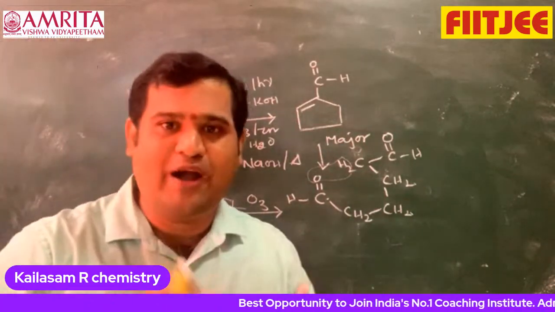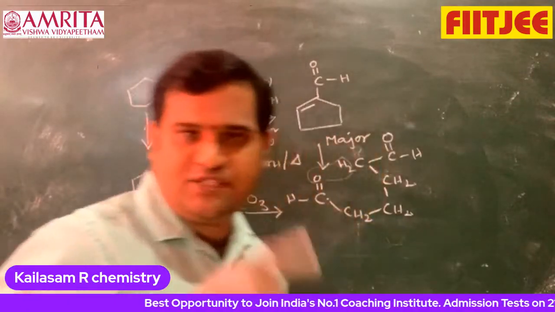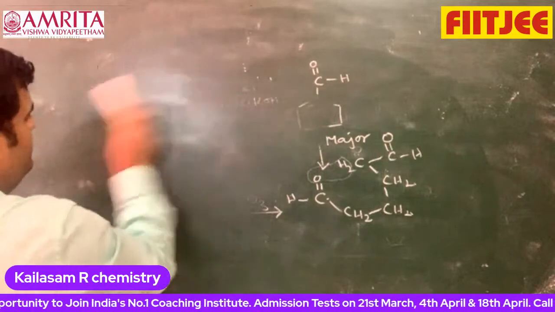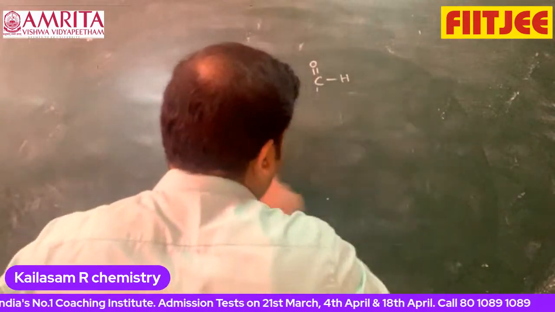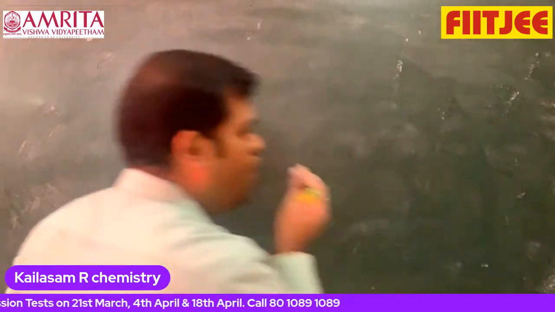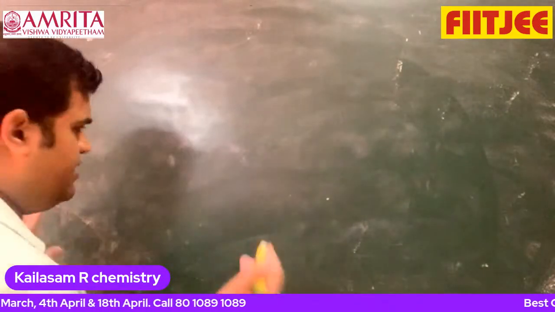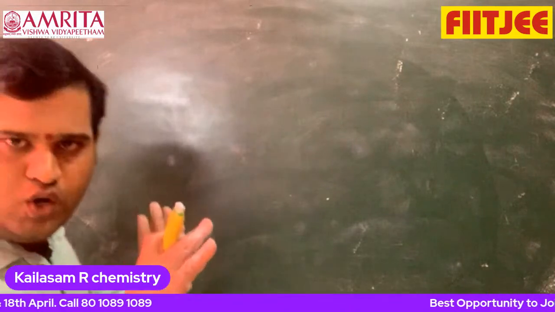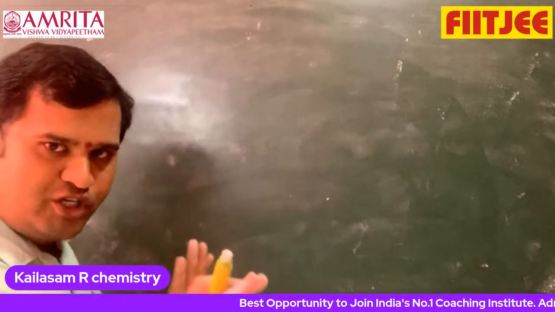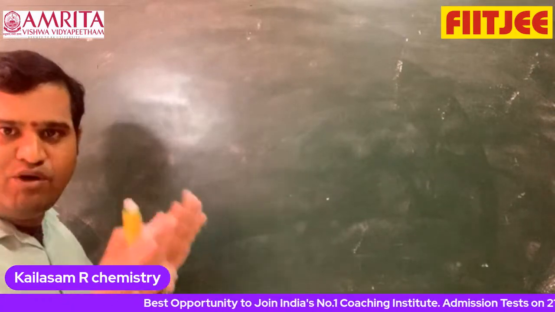Put it down, it's very important. Now, next is Cannizzaro reaction. Very simple. In Cannizzaro, no alpha hydrogen. It's an example of a disproportionation reaction, an example of a redox reaction.